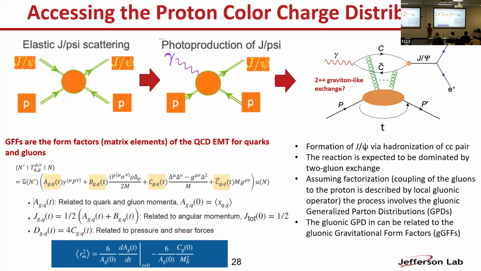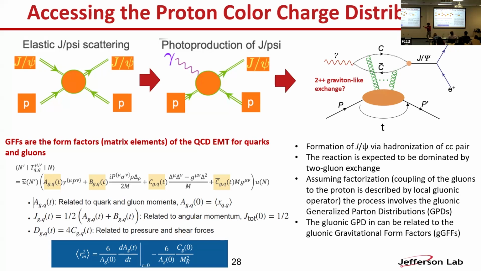As I said, this is under the assumption of vector meson dominance, under the assumption that the interaction of the gamma with the proton is through two gluon exchange. This is another assumption. I also assume factorization, in the sense that the interaction here is separated from this part, from the proton.